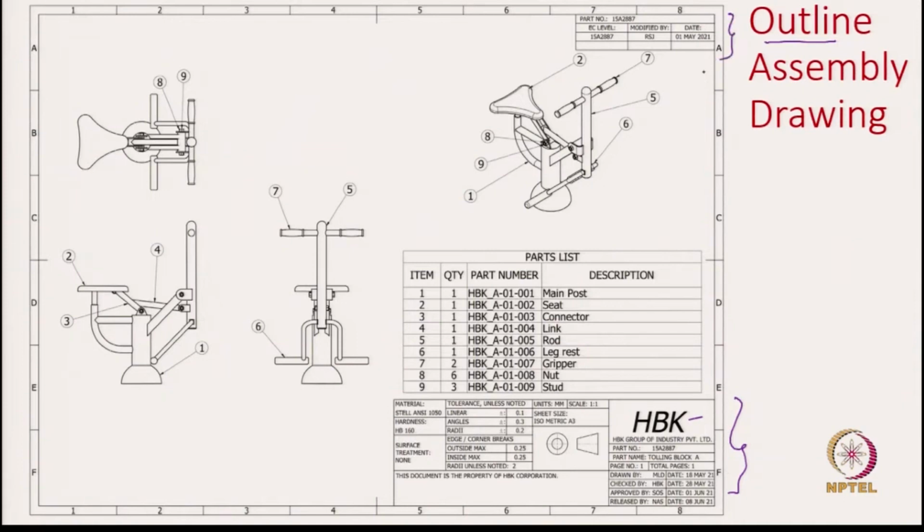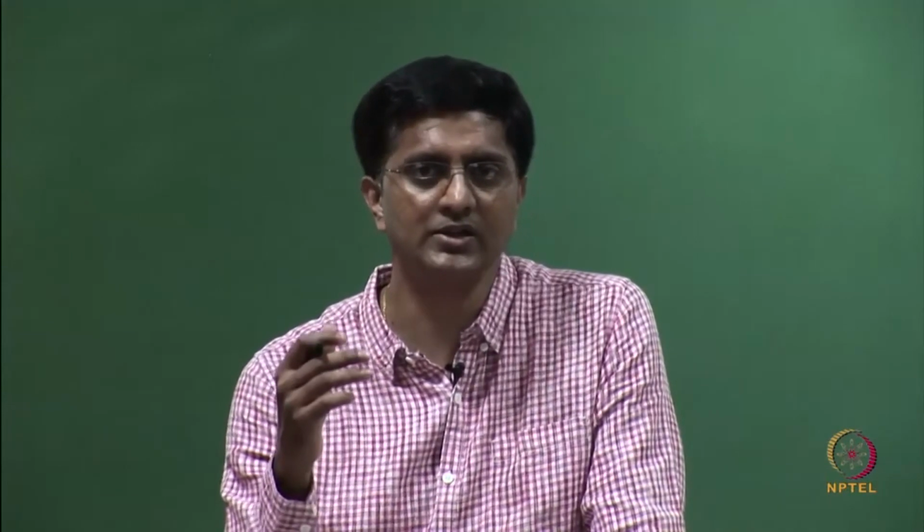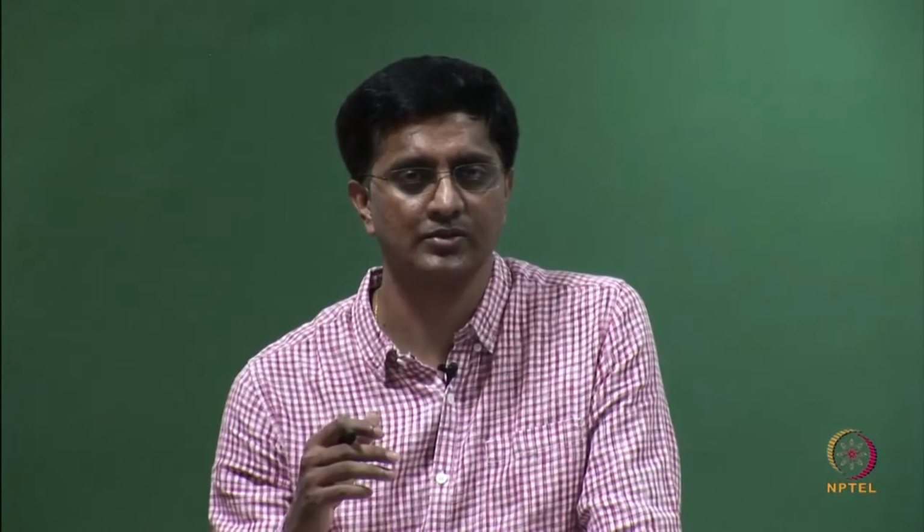What do we have here? We have the company who owns this design, as well as the people who have drafted, designed and approved this drawing. We also have details about the drawing, like which angle of projection we are using, first or third angle, what sheet we are using, A3, A2 or A1, as well as the units used.